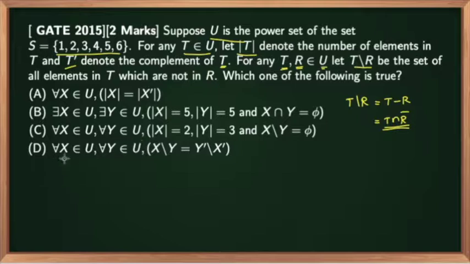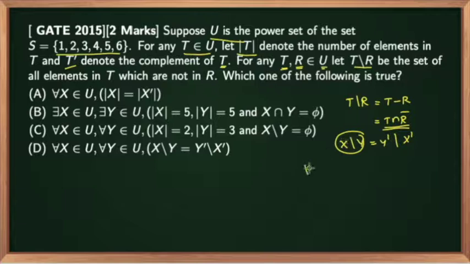Now if you see the choice D, it's given that for all x element of U and for all y element of U, that means if you take any two sets from U, x by y is equal to y bar by x bar, right? What is x by y?